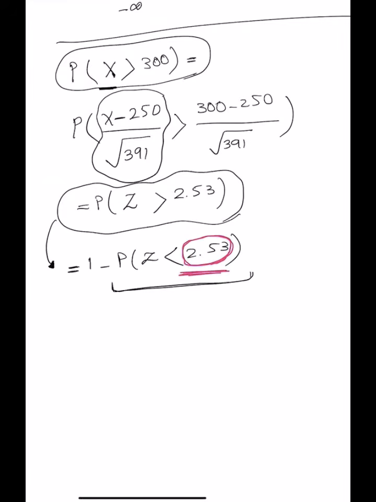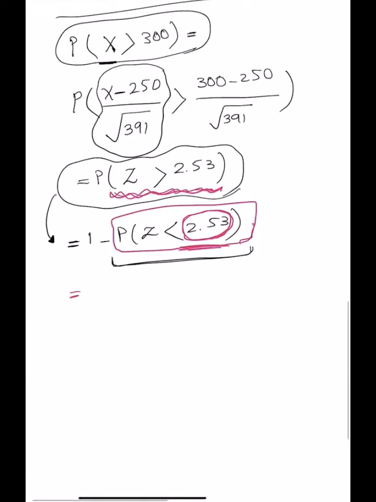However, here I want the probability of z greater than something, so I cannot get this directly from the table. So I have to rewrite it as 1 minus the probability of z less than this value, find this from the table, replace it here, and find the overall value of this probability at the end.